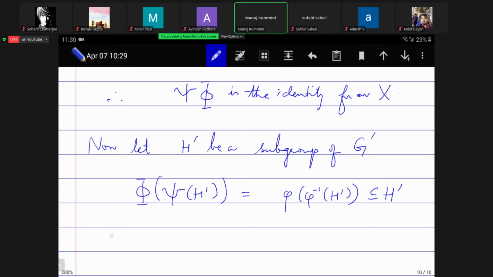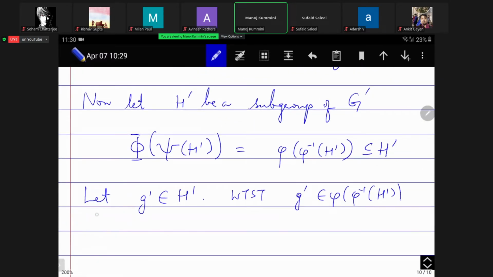Now let some g prime be inside H prime. We want to show that g prime is inside phi of phi inverse of H prime.